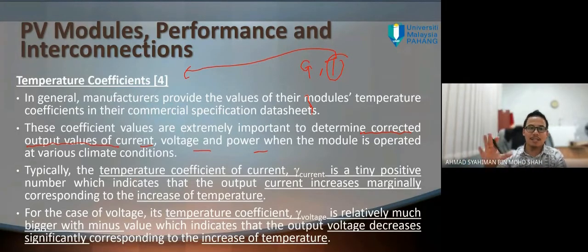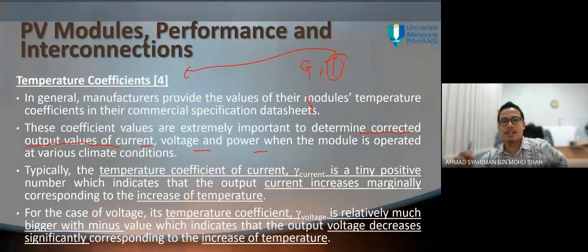STC means standard test condition that fulfills irradiance 1000 watt over square meter, standard temperature 25 degrees C, and the AM 1.5. But in order to calculate the corrected output values, ni sama konsep dia macam instantaneous power atau instantaneous short circuit, instantaneous current, instantaneous voltage.